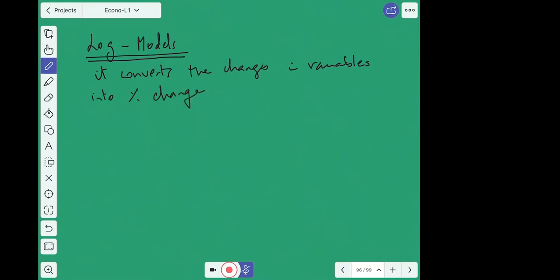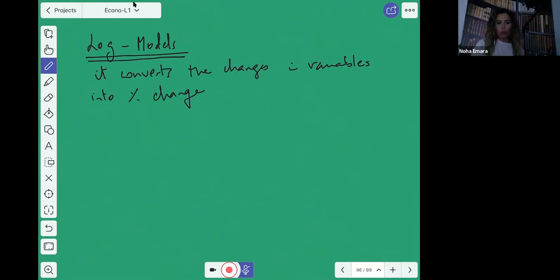Okay, so when x is small, so when x is just a small number, right? So when x is, for example, just 1 point, okay? So if x is just 1 point, so in this situation, I would be using the log models.